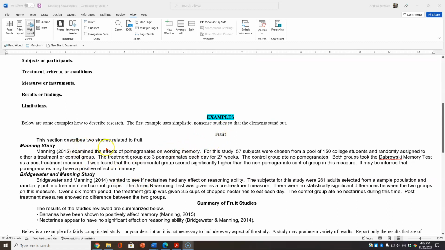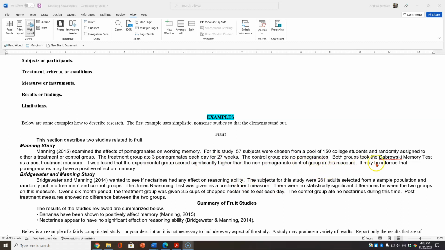Fruit. This study describes 2 studies related to fruit. These are made up. Manning examined the effects of pomegranates on working memory. For the study, 57 subjects were chosen from a pool of 150 college students and randomly assigned to either treatment or control group. The treatment group ate 3 pomegranates each day for 27 weeks. The control group ate no pomegranates.